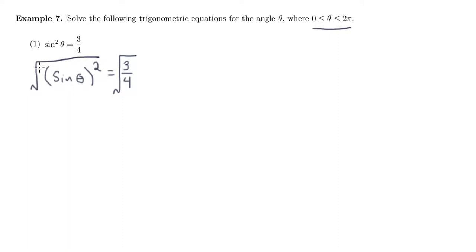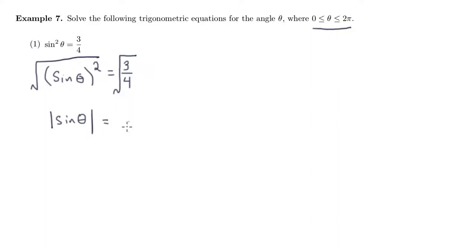Now I'm taking the square root of something squared. This is very important to remember, because we're going to see things like this a lot. This is not sine theta. It's actually the absolute value of sine theta. So if I have something squared and I take the square root, it's just the absolute value of that something.